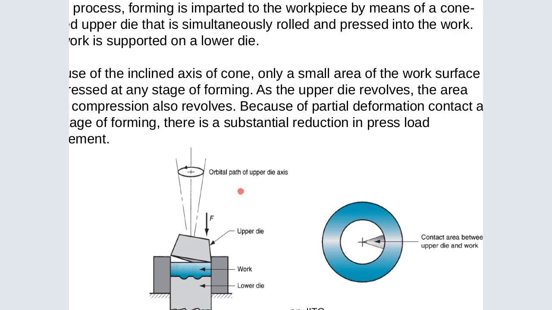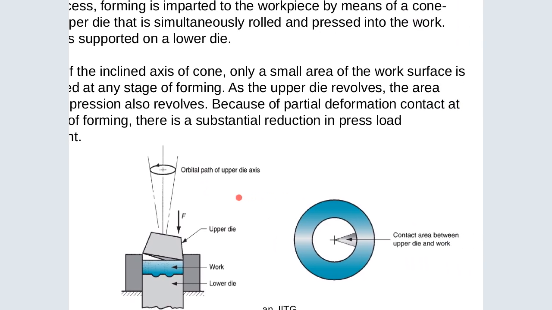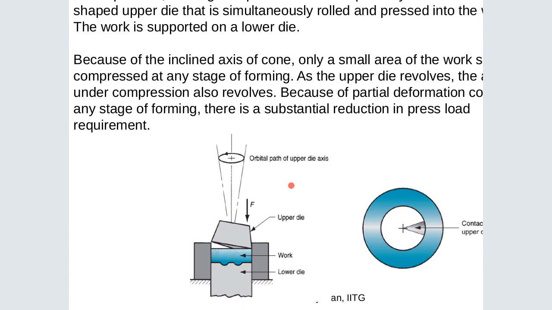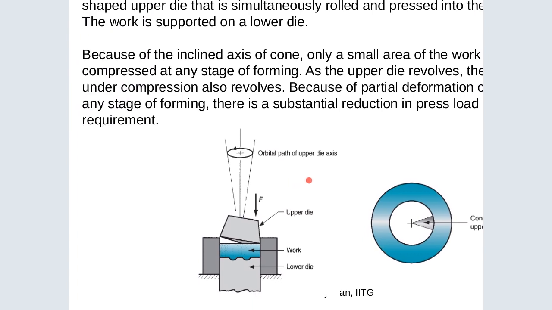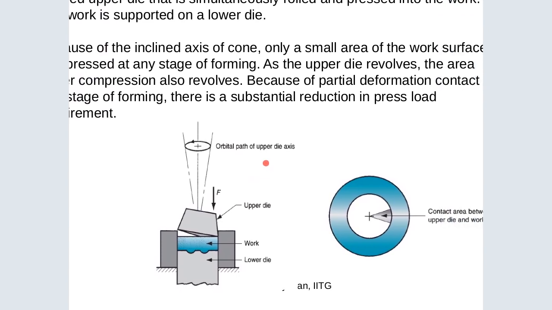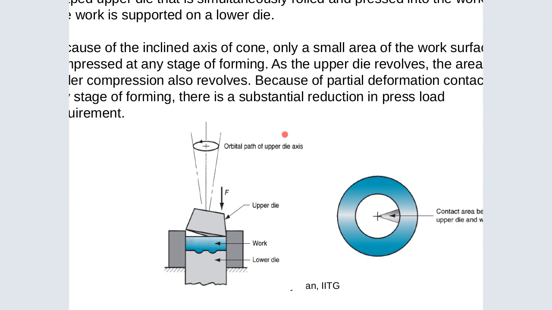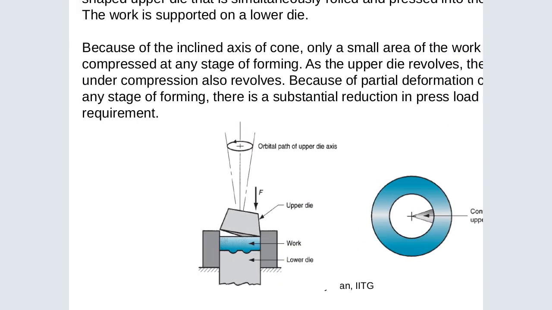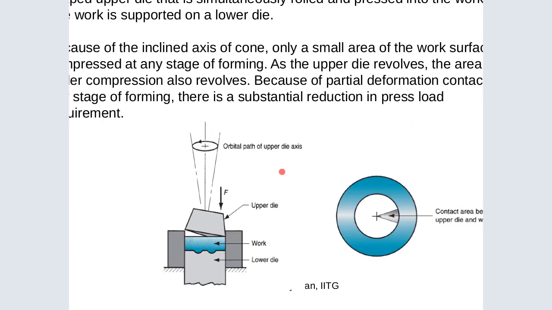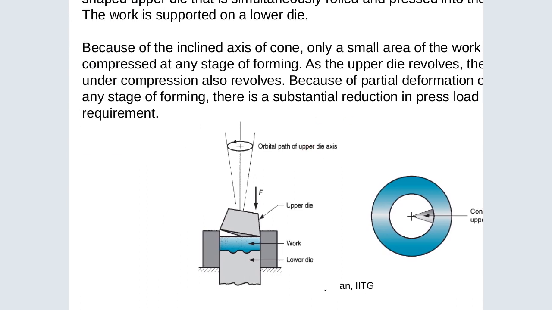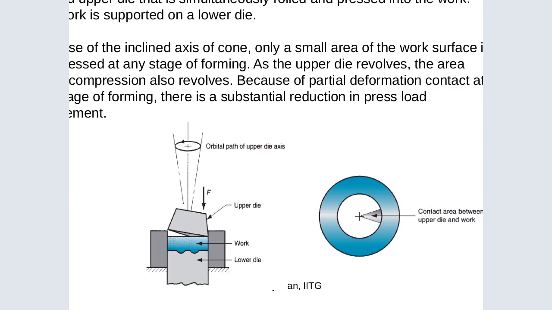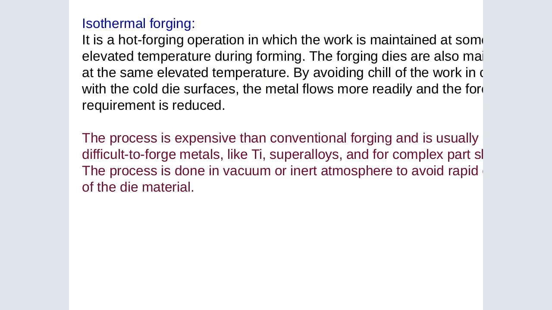Because of the inclined axis of the cone, only a small area of the work surface is compressed at any stage of forming. As the upper die revolves, the area under compression also revolves. Because of the partial deformation contact at any stage of forming, there is a substantial reduction in press load required.